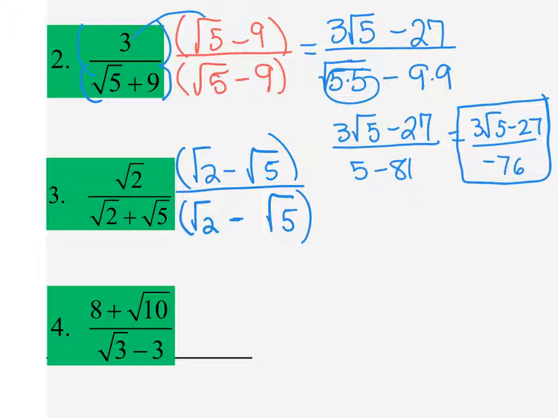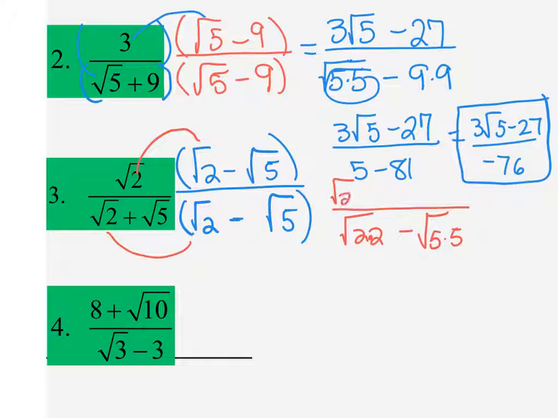Well, we're going to do square root of 2 times the square root of 2. And our back term is going to be square root of 5 times the square root of 5. And that's the denominator. The numerator is going to be the square root of 2 times 2 minus the square root of 2 times 5.